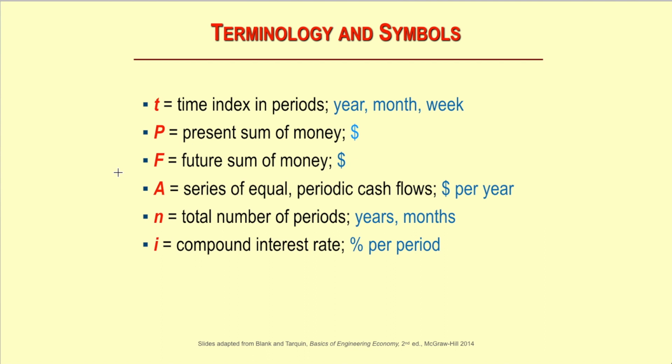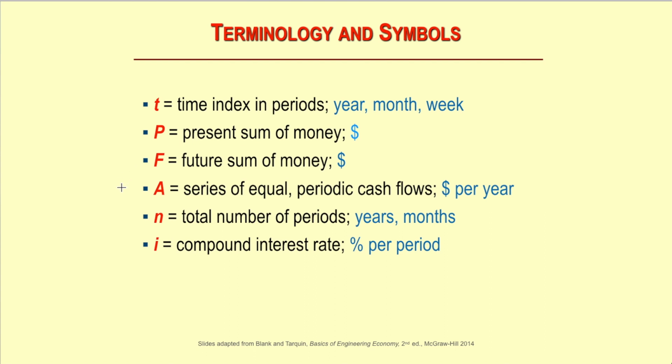And then we have F, which is the future worth or future value or future sum of money. The time index for F occurs later than the time index for P in your timeline, because the cash flow for F occurs in the future. It occurs later than the cash flow for P.